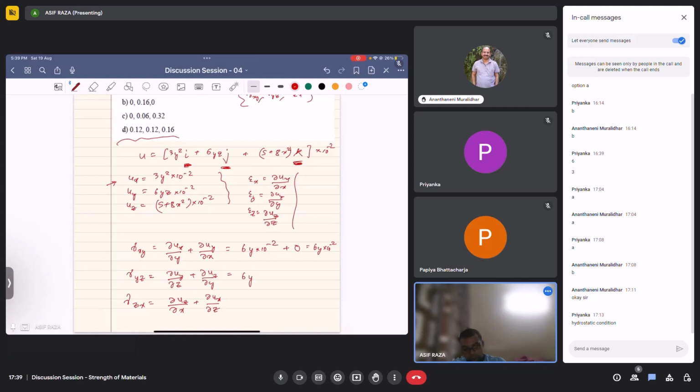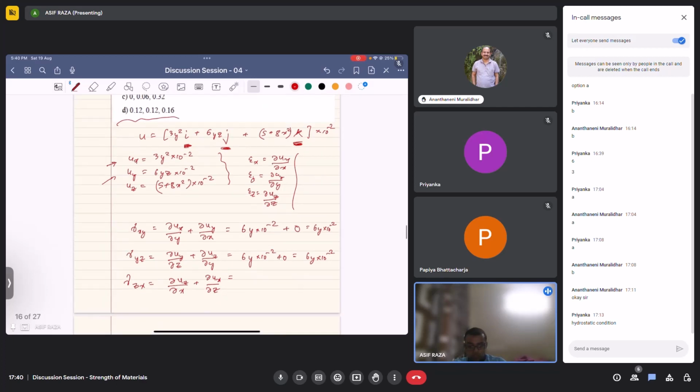We take this and differentiate with respect to z. So this would be 6y into 10 power minus 2, and dou uz upon dou y would be equal to 0. So again this would be 6y into 10 power minus 2. And gamma zx, dou uz upon dou x, is 16x into 10 power minus 2, and dou ux upon dou z is equal to 0. So again 16x into 10 power minus 2.